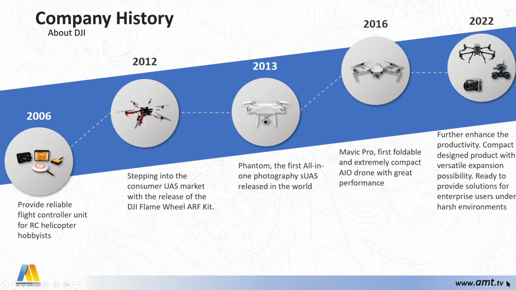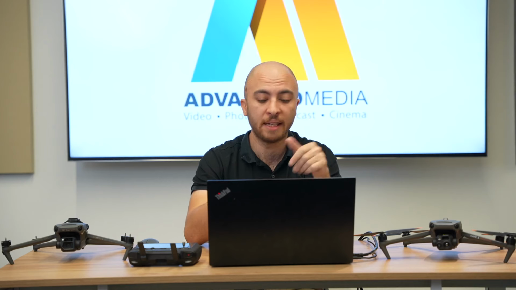And in 2013 they released the first all-in-one photography drone, the Phantom series, the first all-in-one drone with a camera solution from DJI. Then now in 2022 they have different divisions, different categories for camera stabilization systems, for audio, for transmission systems, and of course for drones. Here we are focusing on DJI Enterprise. Enterprise means for advanced applications, as we will see in the next slides.